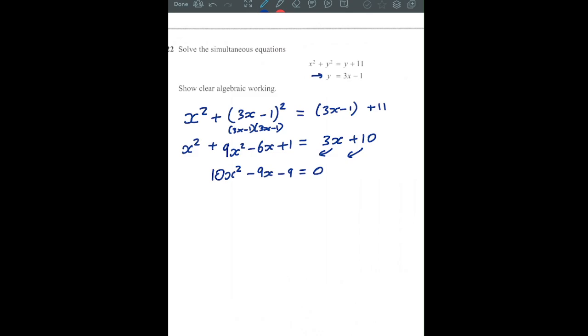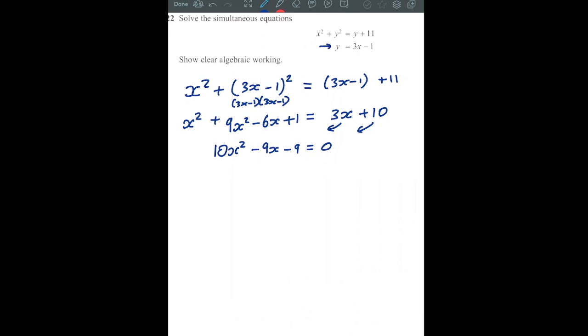Once again, just like before, I would suggest that you use the quadratic formula. If you want to try and factorize it, you can use the split in the middle. The factorization here will be really unpleasant. I think I've spotted a way to make it work.